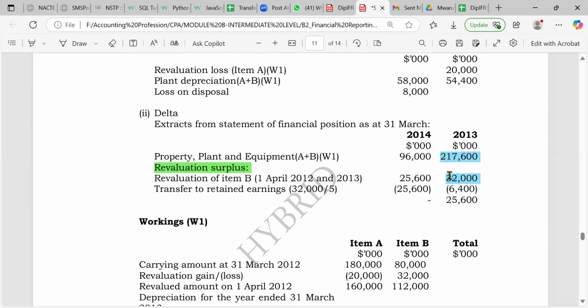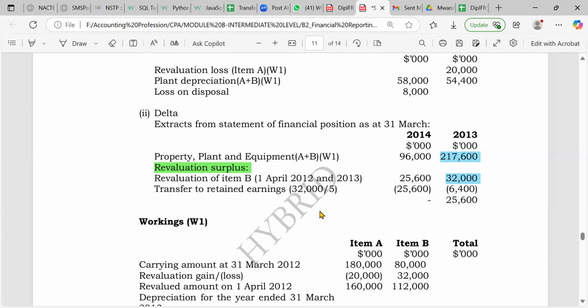From here you transferred it. So if you did transfer it, you would have remained with this figure, right? 25,600. Of course, this was for item B. We expected to transfer again this year. But we have actually disposed of it. So we remove it completely because it is no longer there in our books now, right? In case we still had it, we would have transferred again, right?